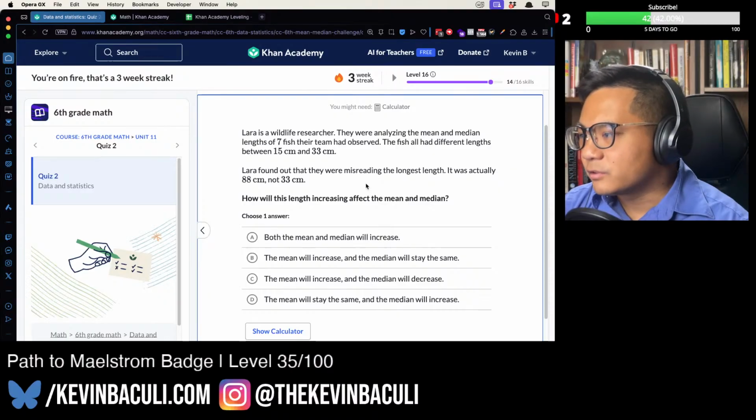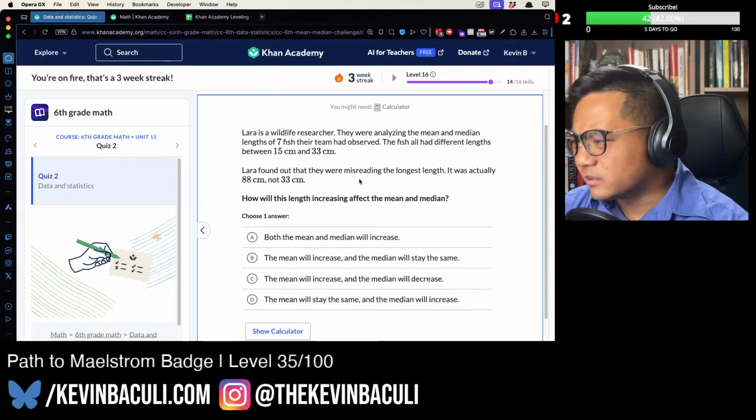Lara is a wildlife researcher. While analyzing the mean and median lengths of 7 fish their team had observed, the fish all had different lengths between 15 and 33 centimeters. Lara found out that they were misreading the longest length.